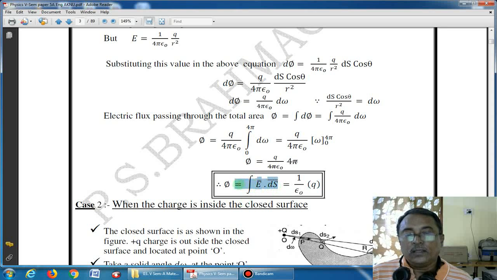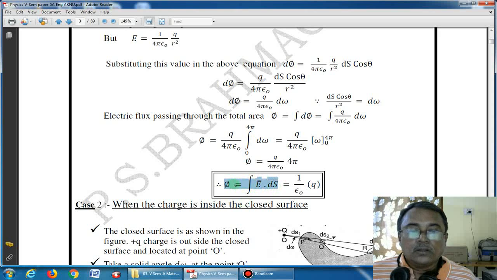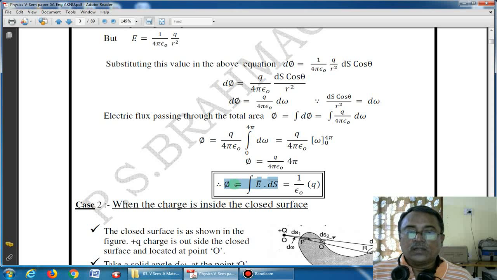So, phi and integral E bar dot ds bar both are equal. These two quantities will represent the total normal electric flux passing out through the closed surface when some charge is placed within the closed surface, and that is the end of the case 1.